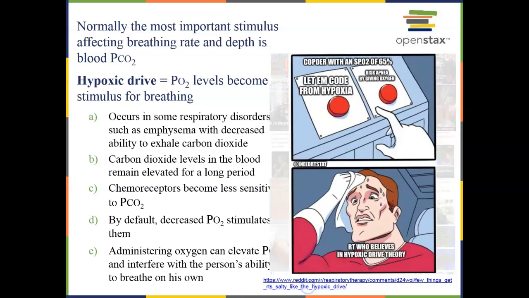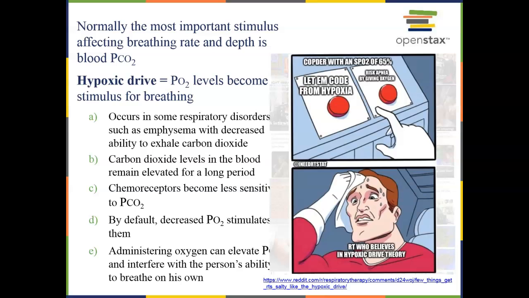Now, people with COPD aren't able to blow off the carbon dioxide. And so that leads them to having oxygen become the driving force for breathing, and that is termed your hypoxic drive. So if you have severe emphysema, you can't get rid of the carbon dioxide, so carbon dioxide receptors become less sensitive to the partial pressure of carbon dioxide.